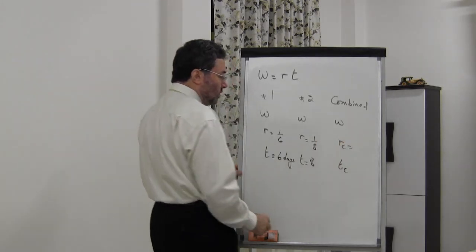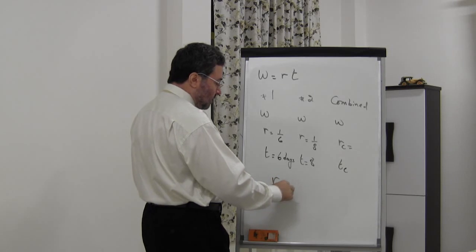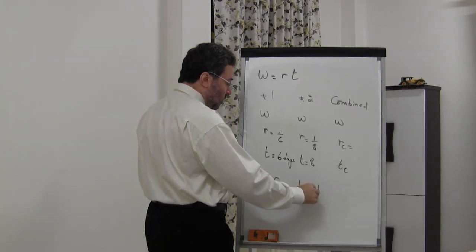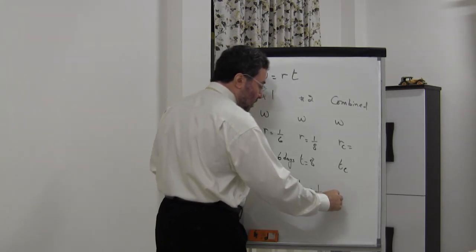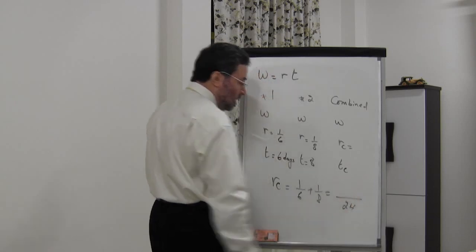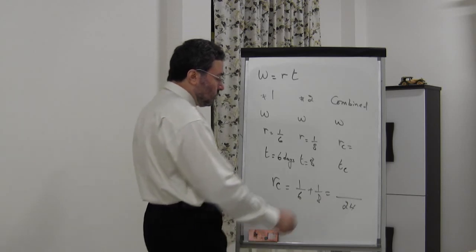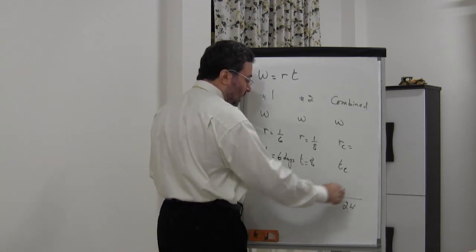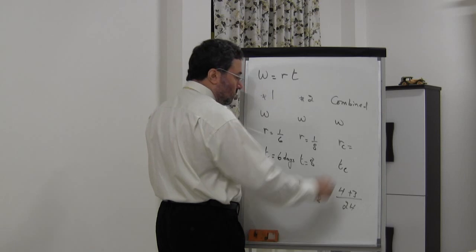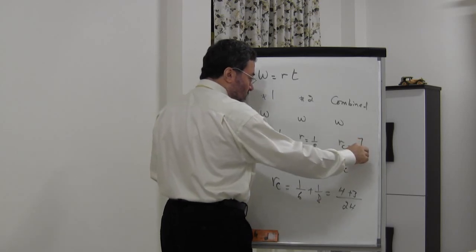So to get the combined rate, I simply add 1 over 6 plus 1 over 8, and the least common denominator is 24. 24 divided by 6 is 4, 24 divided by 8 is 3, and that will be 7 over 24.